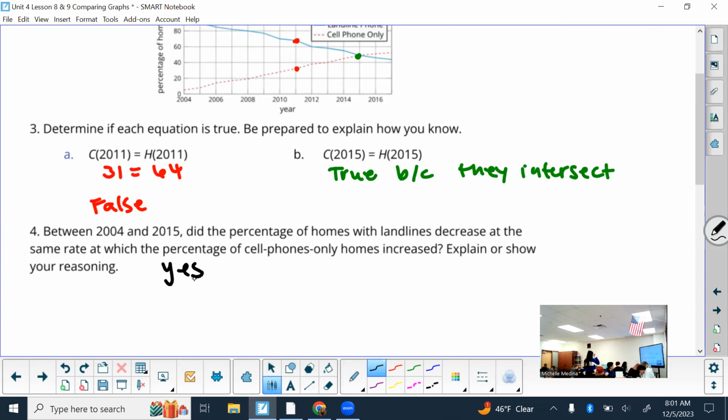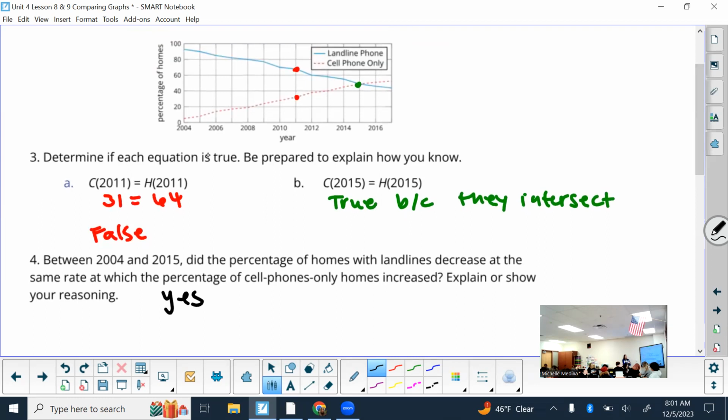Okay, so intersecting would only help if they intersected like at the middle of where they started. So like at 2004, one is here and one is here. Would you say that they intersected at about the halfway point? Okay, in that case, that could support it.